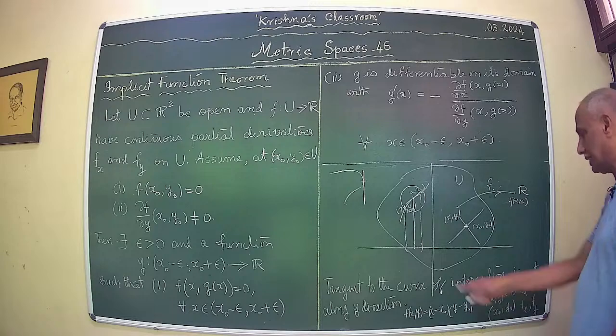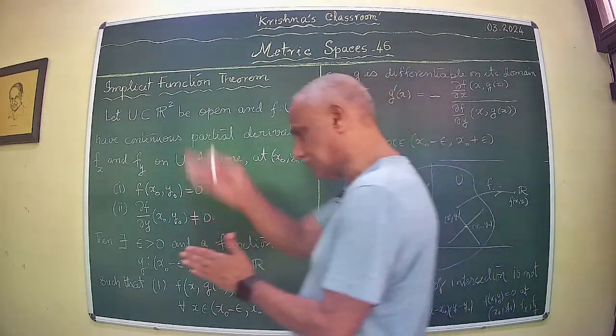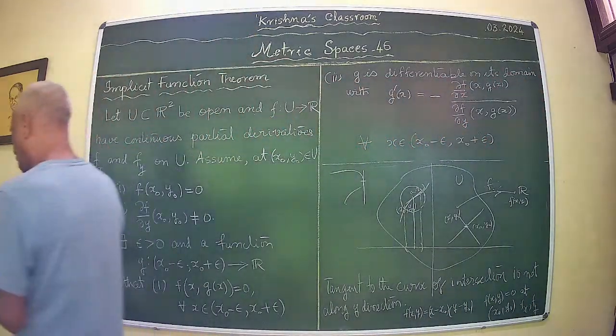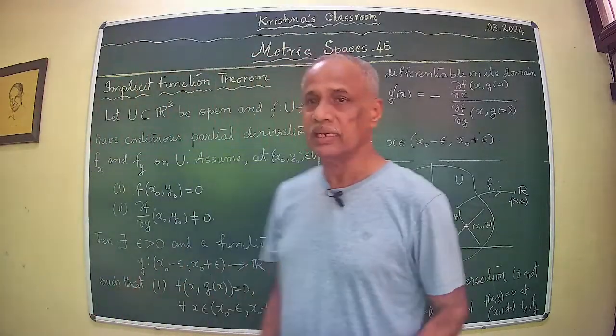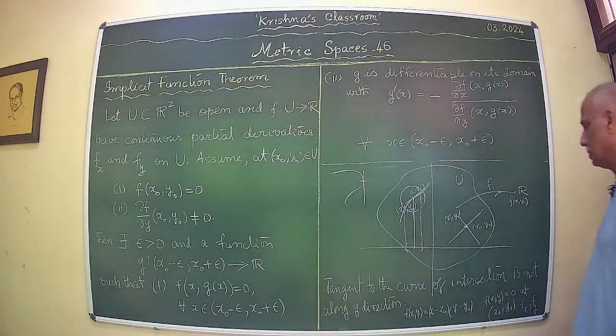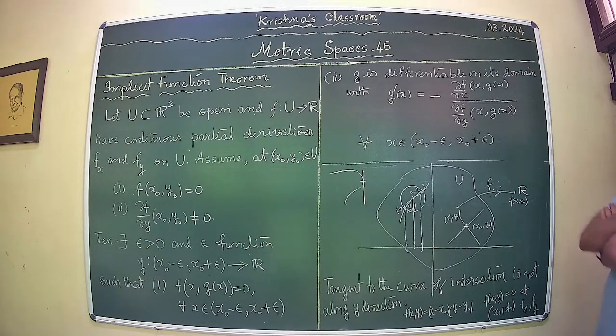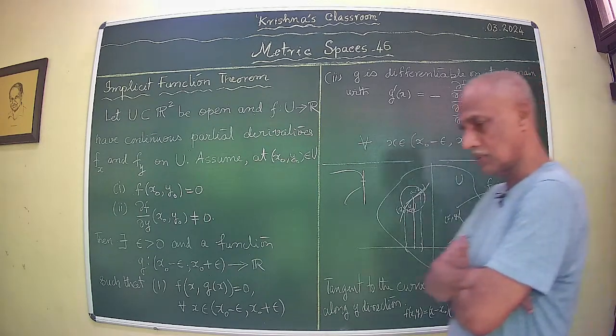In either case, the tangent becomes vertical, or the tangent to the curve at the point is not defined at all. In either of these scenarios, you cannot solve for y as a function of x in some neighborhood of x. This is the content of the theorem.